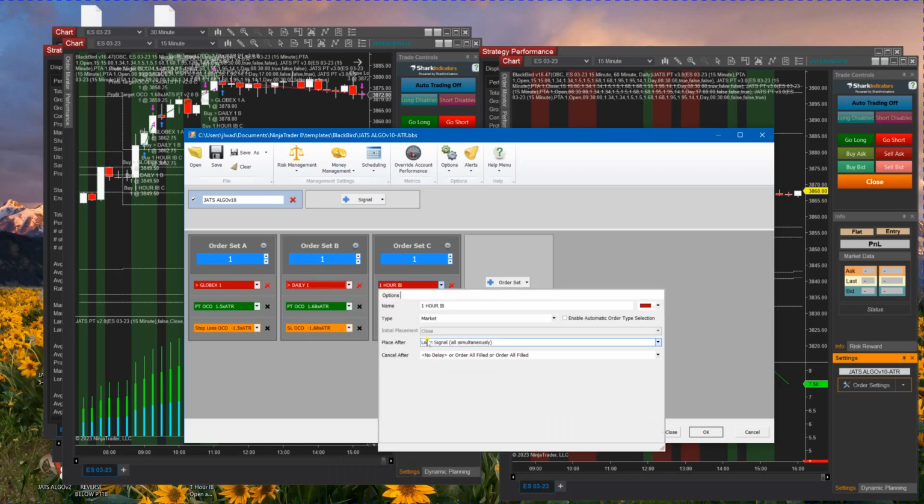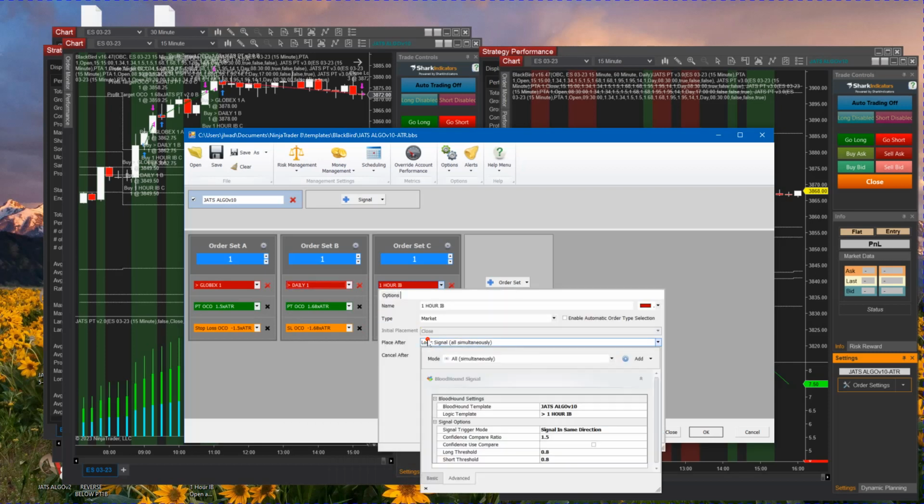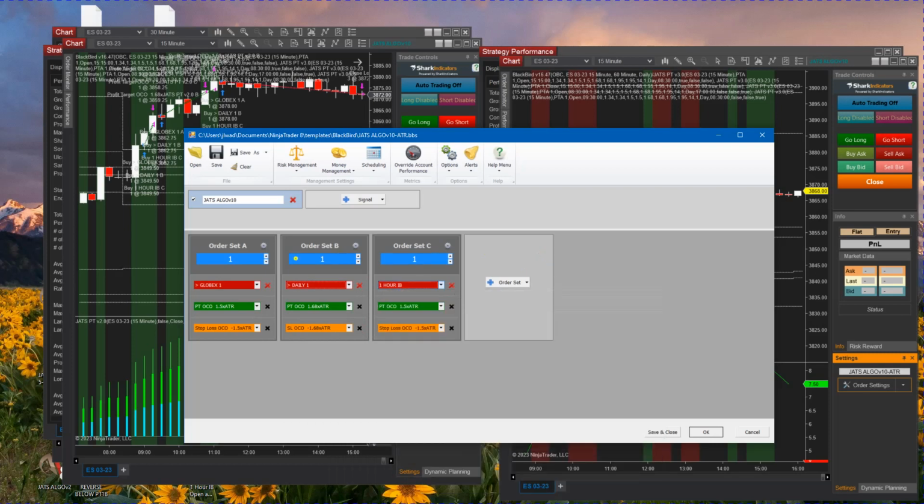So when it's outside that range, the first standard deviation of the Globex, the daily, or the 1 hour IB can be either of them.